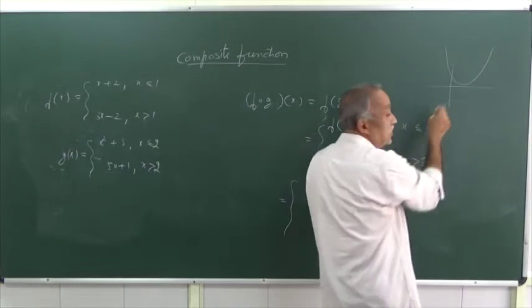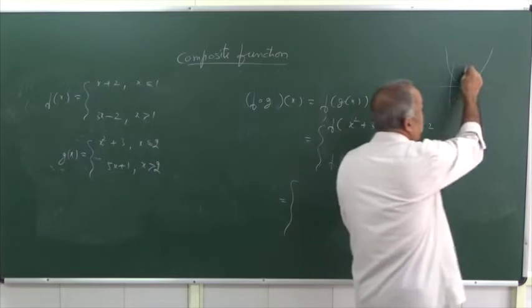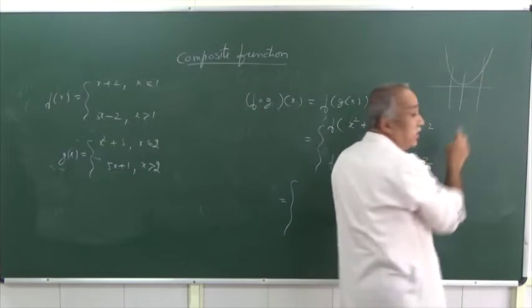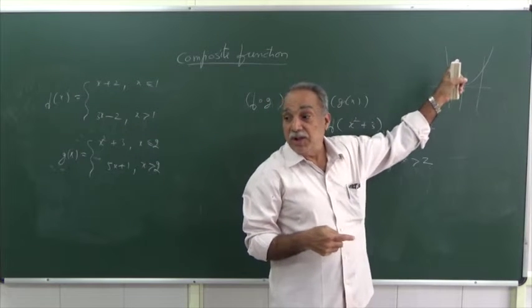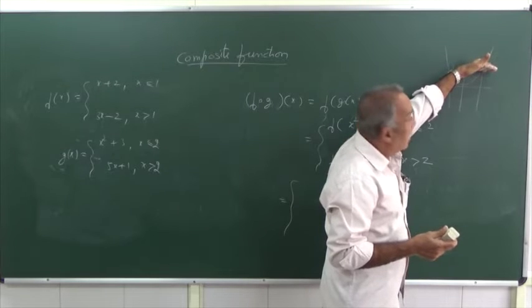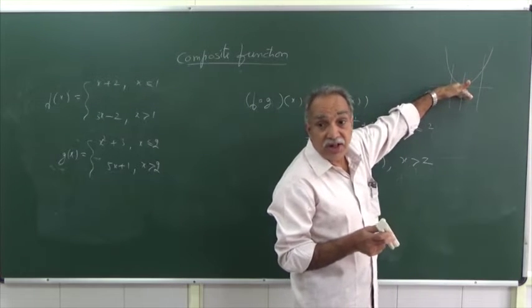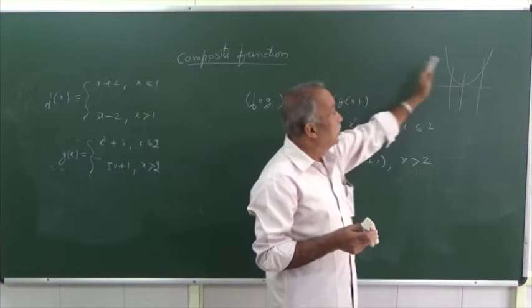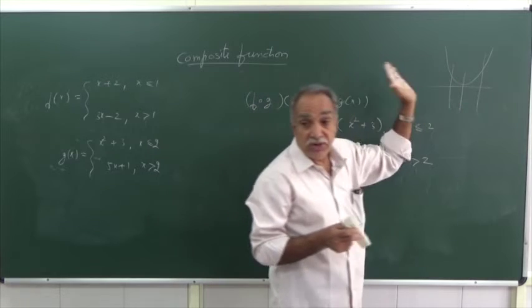If 2 is on this side, I think we will have fewer problems. If 2 is here, then also there may not be a more serious problem. But 2 is on this side, so the function will not be monotone. It will be partially decreasing, partially increasing. I cannot simply say that just because in this portion it is less, throughout it is less. It may take greater values as you go far away from that point where the function vanishes.